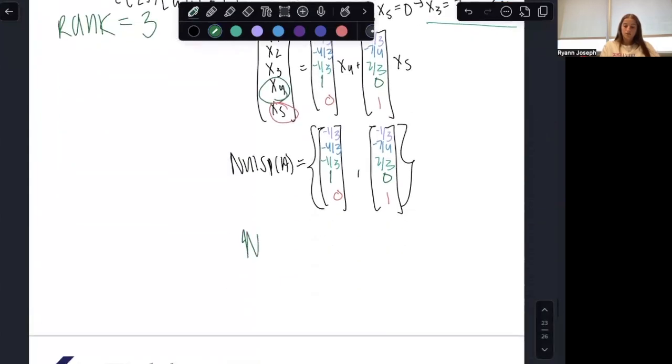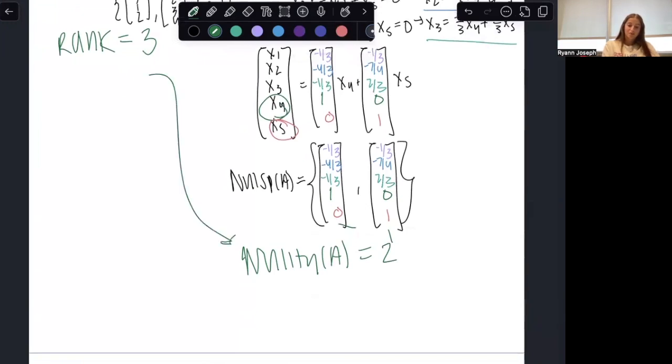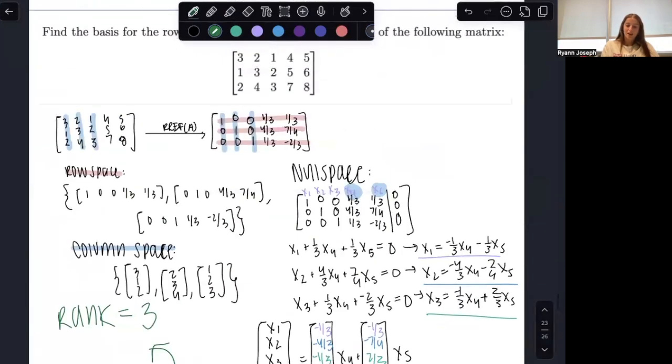The nullity of A is 2 because there are 2 things here. The rank plus the nullity, 3 plus 2, is 5, which is the number of columns in the original matrix. That's rank-nullity in action.